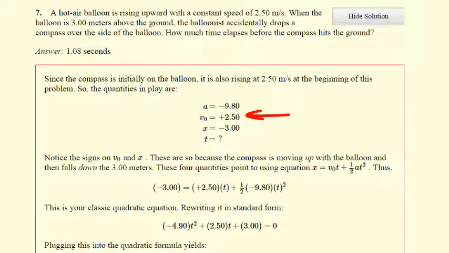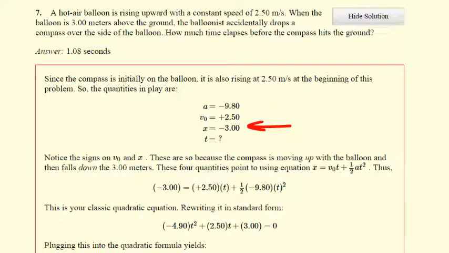In a sense, the compass follows the balloon a little bit upward and then truly starts to fall downward. That's the motion of the compass. I know the acceleration, I know this distance, which is negative 3.0, and I'm asked for time.